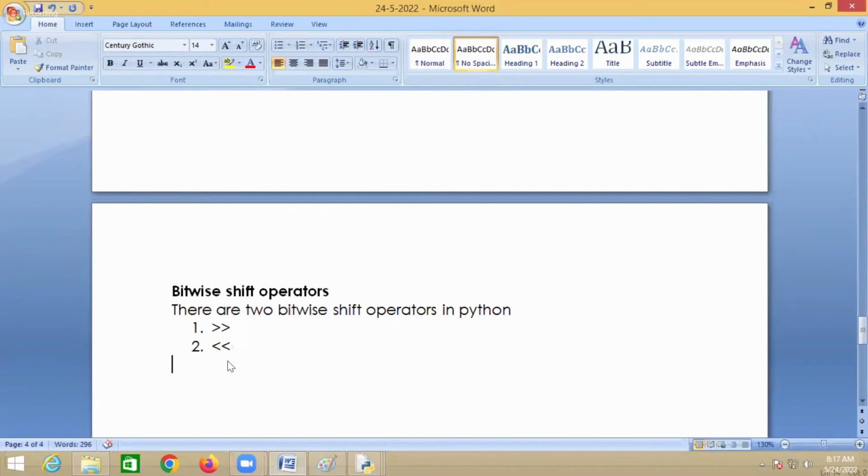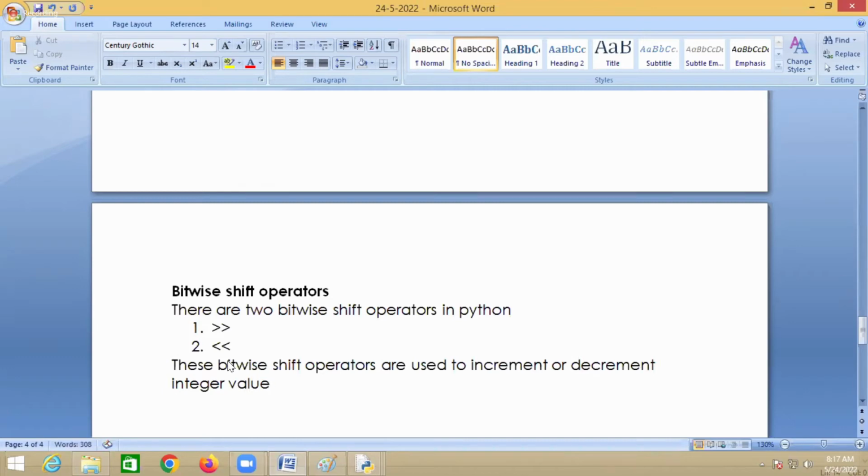These bitwise shift operators are used to increment or decrement an integer value by adding bits or removing bits.